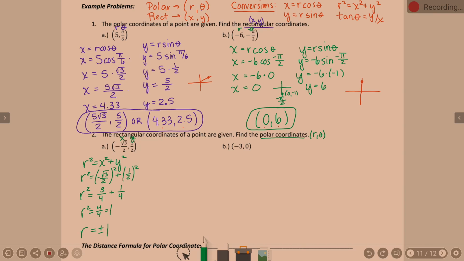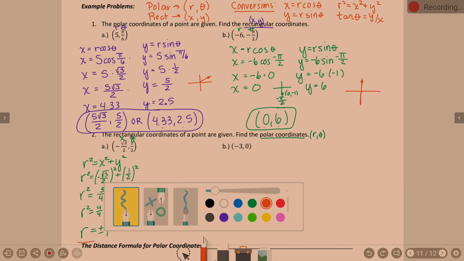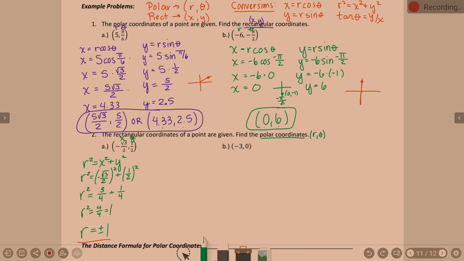Okay. We have 2 r values. We'll judge how to use these later. Are you okay with plus or minus 1? Okay. So hold those thoughts for right now. What else do we need to use? Tangent of theta equals y over x.